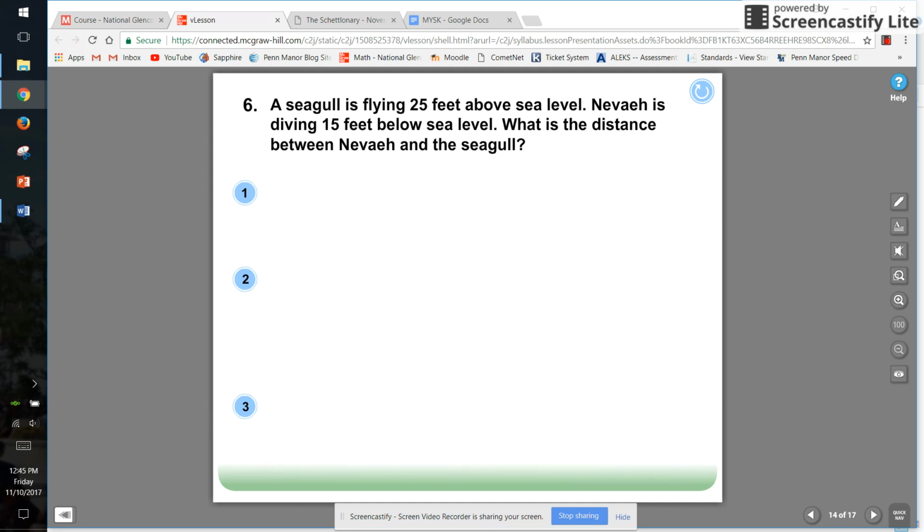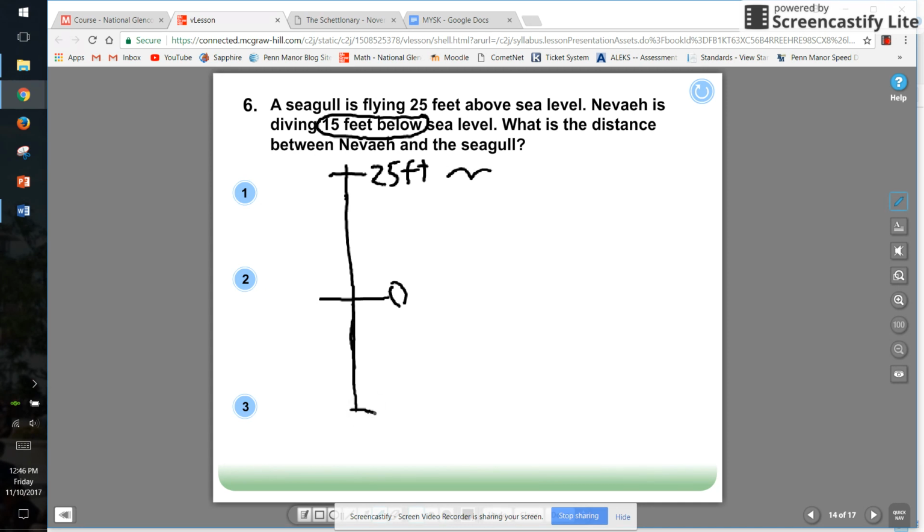So thinking about that 15 feet below, it's below 0 or a negative number. If I was drawing that, here's 0, maybe up here somewhere is 25 feet. That's where the seagull is. And then diving in the water about 15 feet below, or negative 15, is Nevaeh.